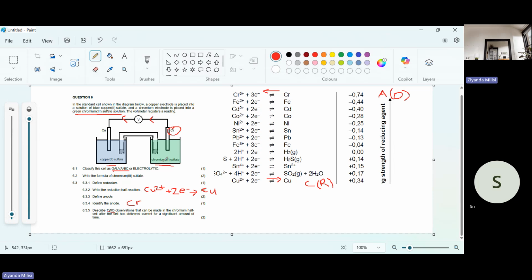It'll not lose color. No, it will become darker. So the color will darken. Those are the two observations that can be made.